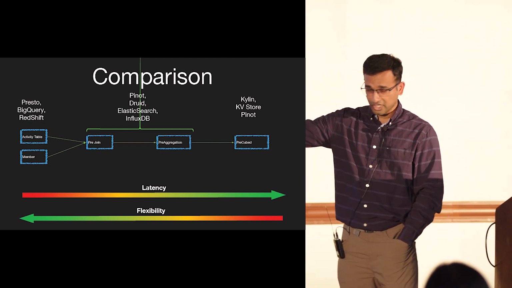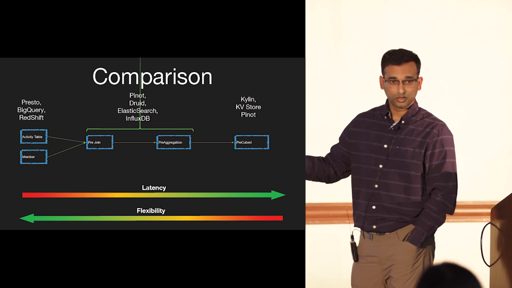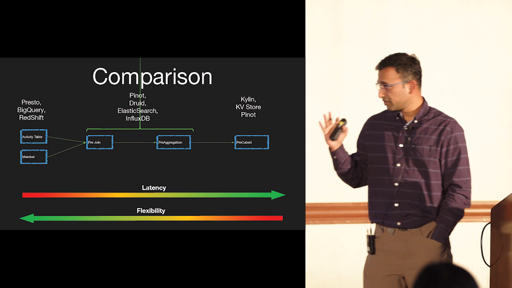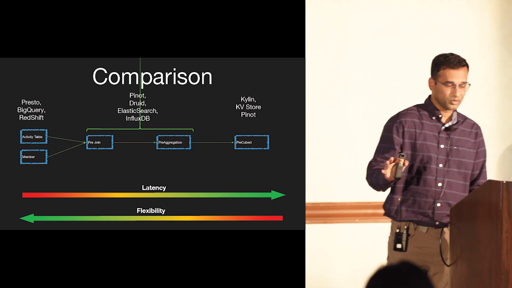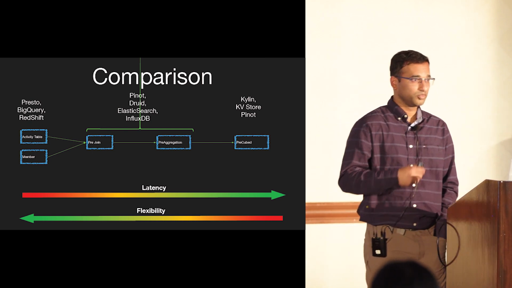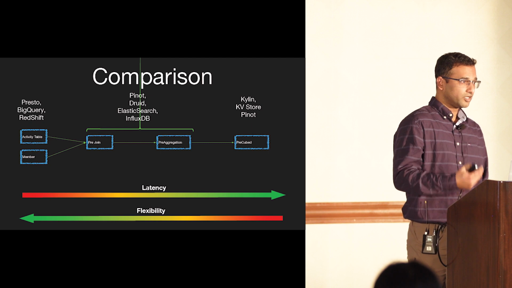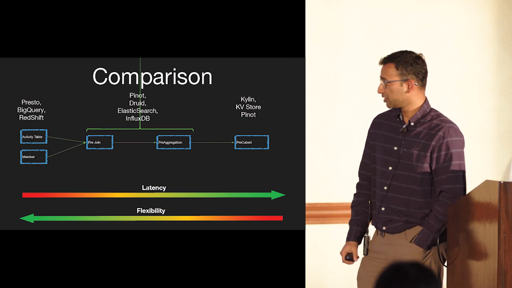The leftmost part is where you started, the traditional solution where you would pick the join on the fly. The flexibility is huge there. It's amazing. You can pretty much run any SQL query on it. But the problem is latency. The more complex the query gets, the higher the latency. So you will not really be able to solve this on a site-facing use case.